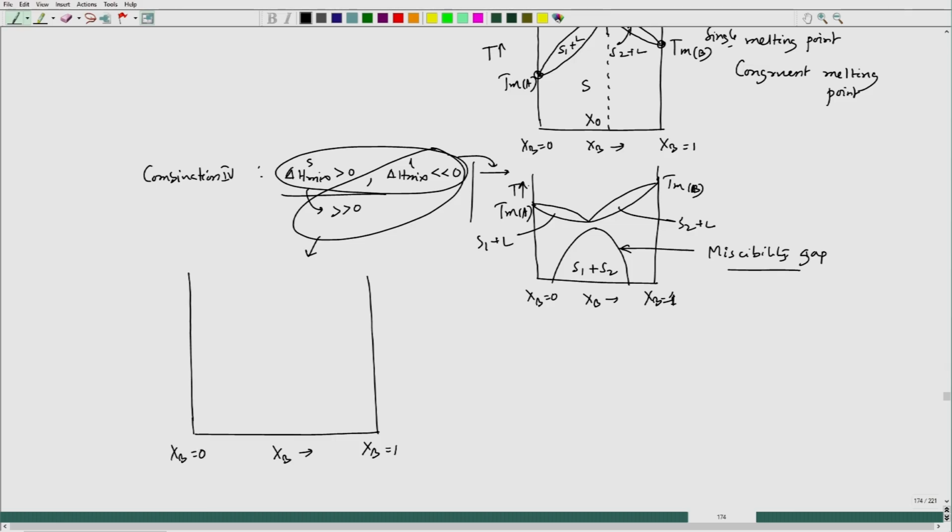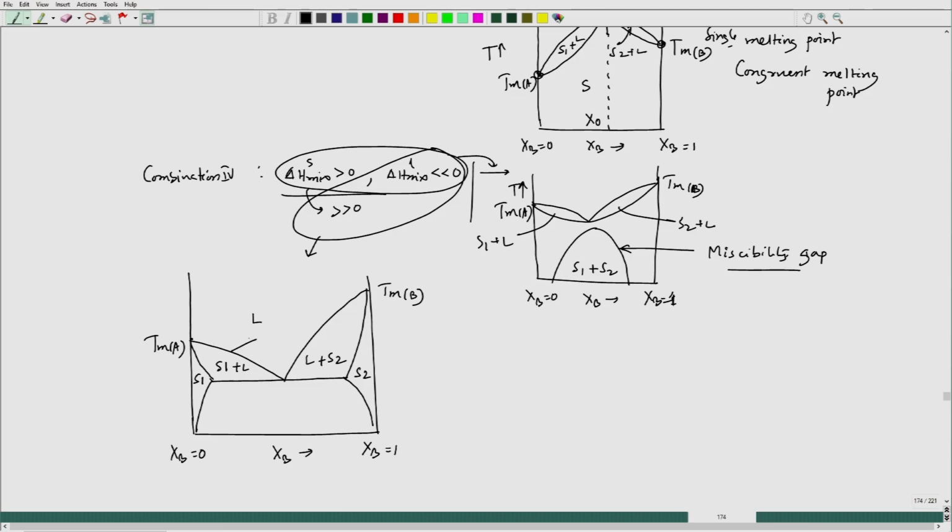Remember, the y axis is temperature, and this is T m B, this is T m A, and the phase diagram looks like this. Here this is liquid, this is S1, this is S2, this is S1 plus liquid, this is liquid plus S2, and here a couple of lines we have to consider.